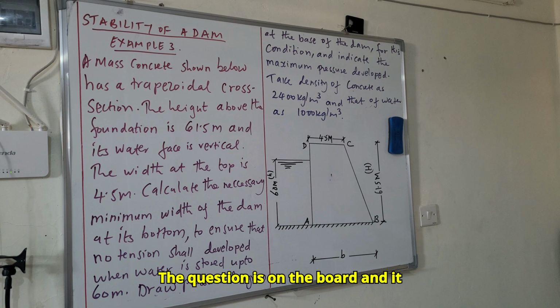The question is on the board and it reads: a mass concrete dam shown below has a trapezoidal cross-section. The height above the foundation is 61.5 meters and its water face is vertical. The width at the top is 4.5 meters.